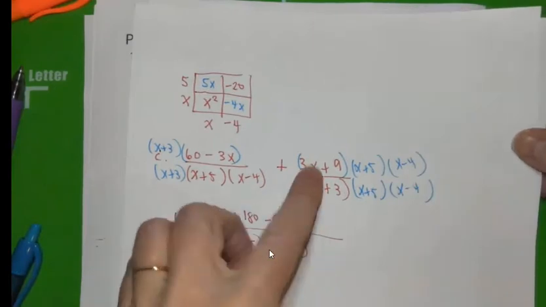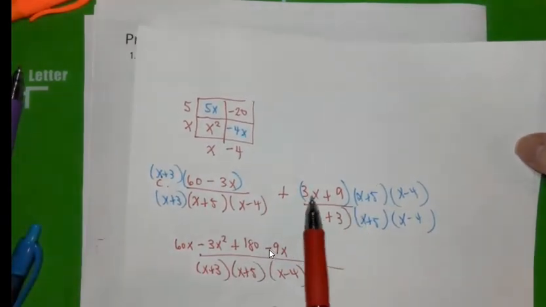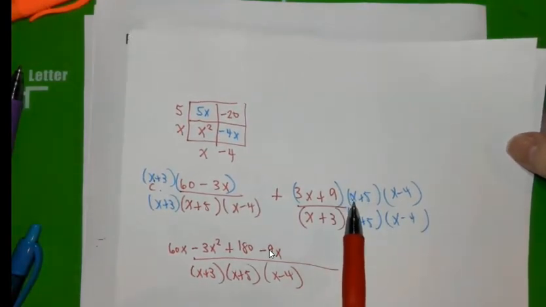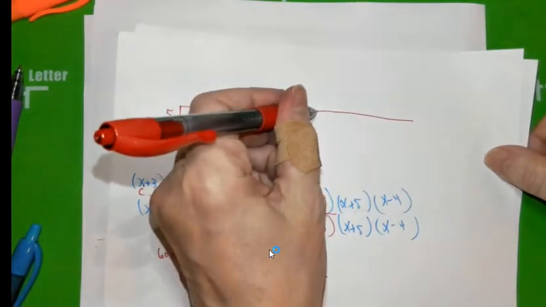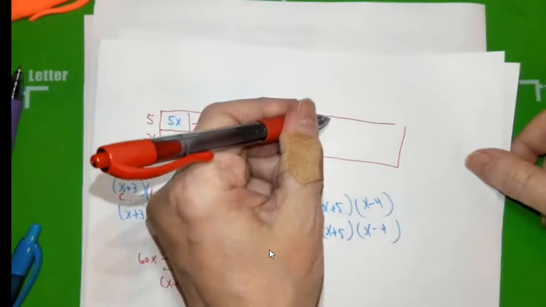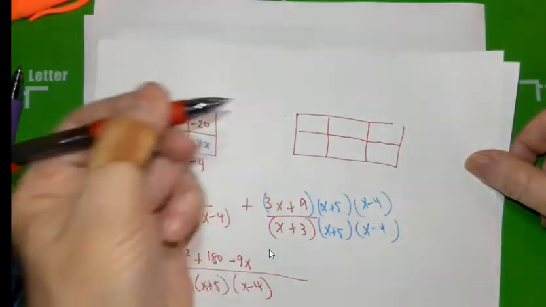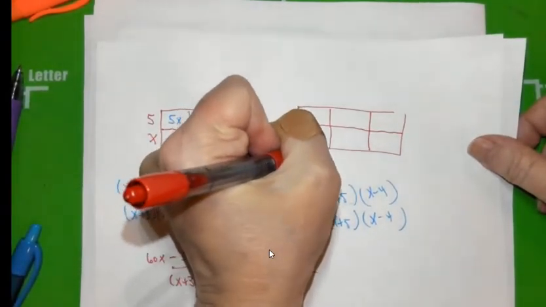Now to do this one, I'm going to have to use more than that because I have three binomials. I'm going to multiply the two at the end first because those are easier to do. So x times x is x squared. And I'm going to write these on the side of a larger box. This is just a way to organize what you're doing and not get lost. So x times x is x squared.